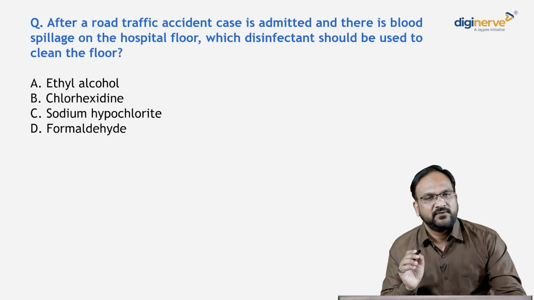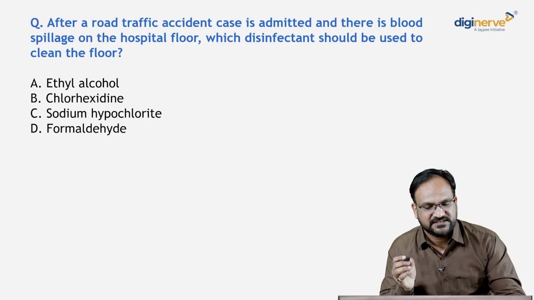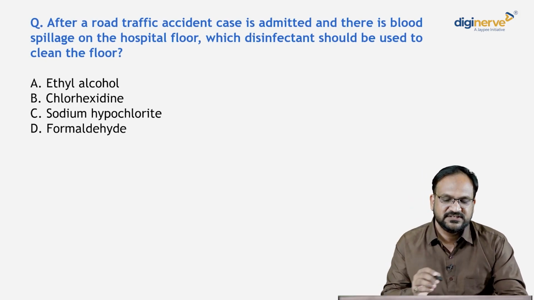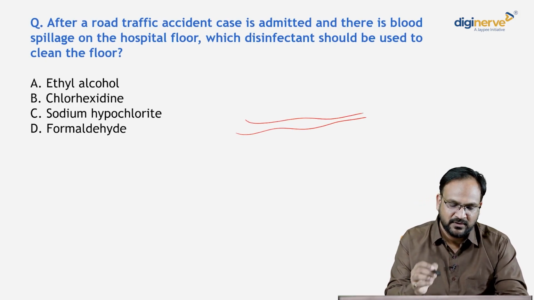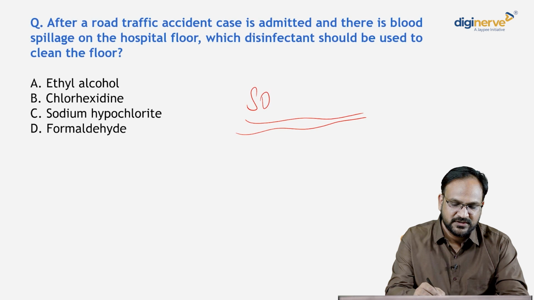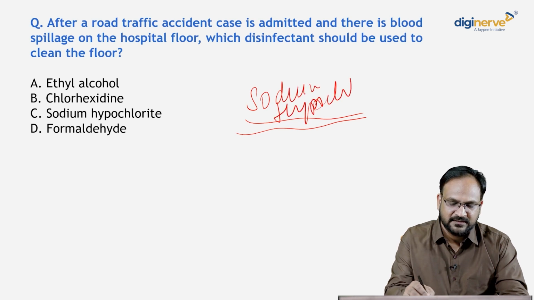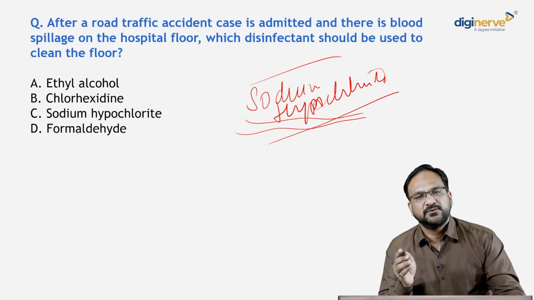Next is, after a road traffic accident, a case is admitted and there is blood spillage on the hospital floor. Which disinfectant should be used? If there is spillage of blood on the floor, we should always use sodium hypochlorite, and even the housekeeping staff of the hospital know about this.